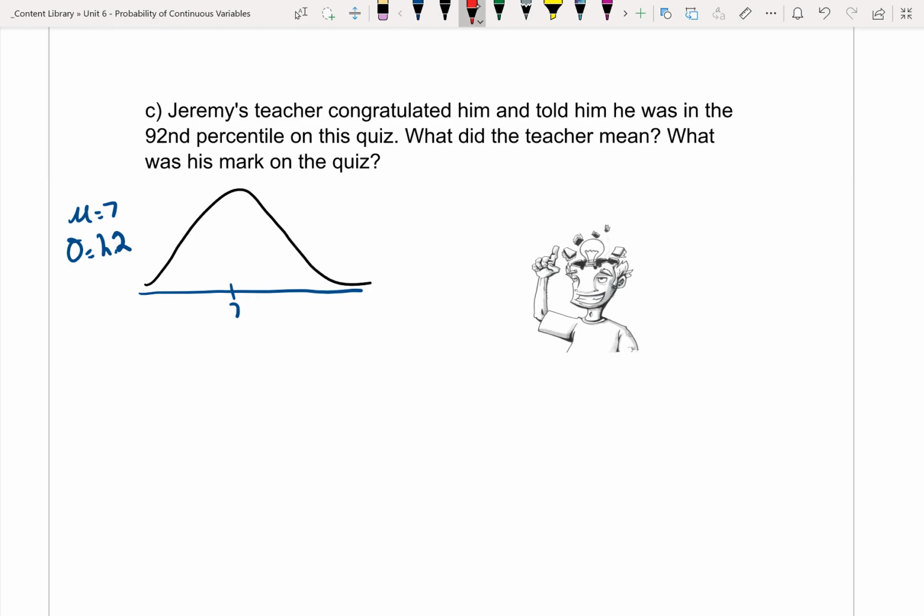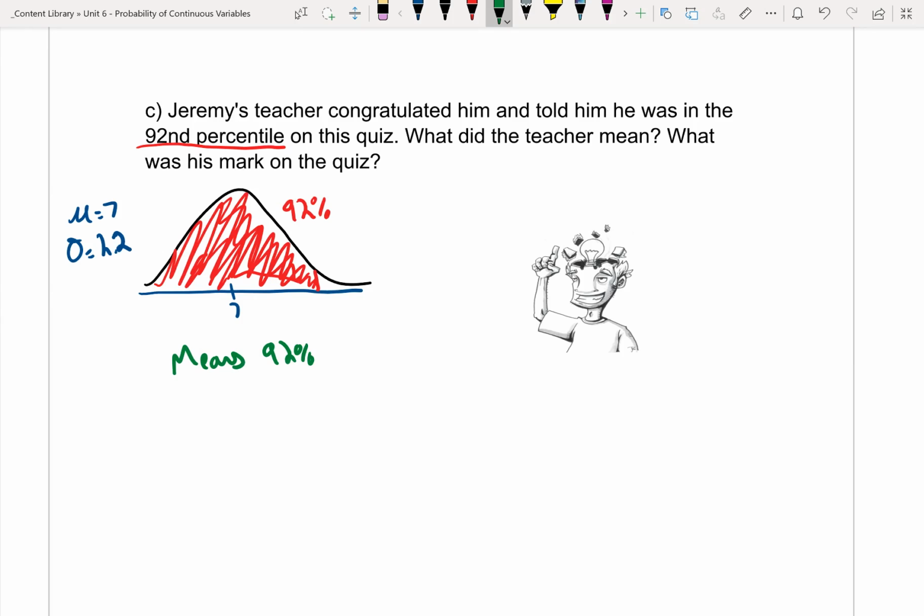But what I do know is that he's in the 92nd percentile, so that means his mark represents 92% of the data. Because we talked about percentiles, it meant that 92% of the class or of the population has the same mark or lower.